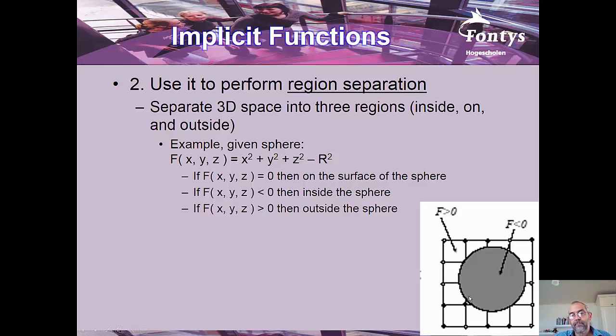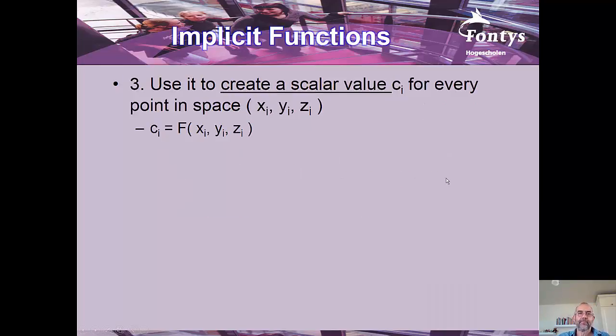That would be cutting. Or we can say, if this is a whole volume here, we only want to see this part of it, only the sphere itself and not the whole volume. That would be clipping. We'll go into that later.